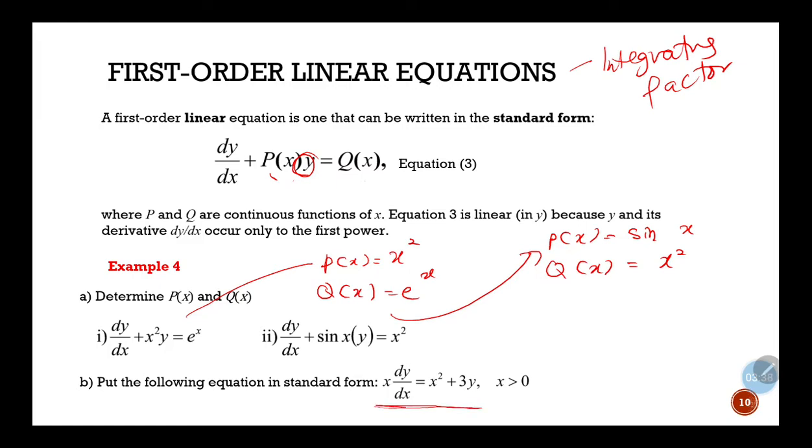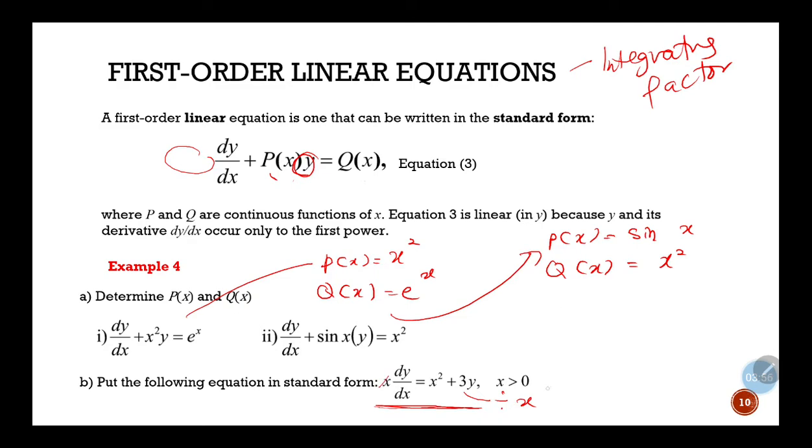So in this form, this equation is not in its standard form. The standard form must be dy over dx, and no function must be attached to dy over dx. So what you should do now is divide the whole equation by x to cancel out the x here.